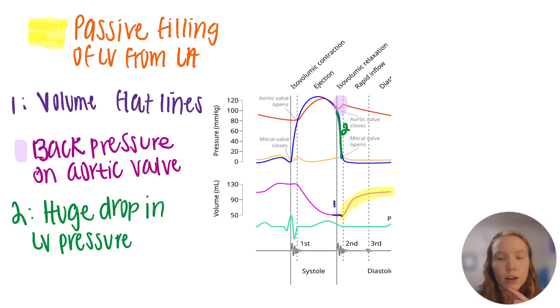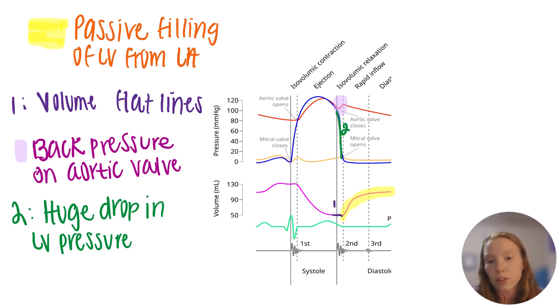All right, so here I'm going to start with that flat line. That flat line is there because if you look up top where number 2 is, there's a huge drop in pressure, and it's also labeled where the aortic valve is going to close. And if the aortic valve is closed, then there's no blood leaving the heart anymore.